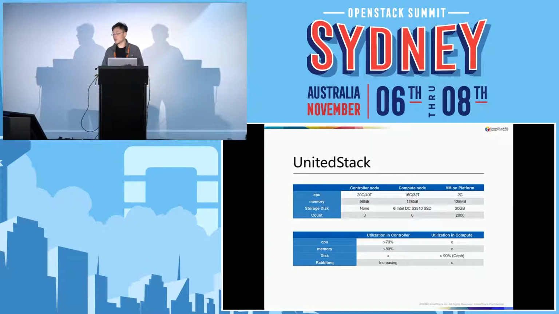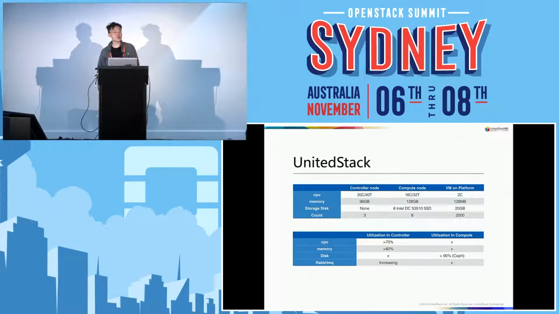We also run some testing virtual machines on this platform. There are about 2,000 virtual machines, and each machine has 2 cores, as shown here.